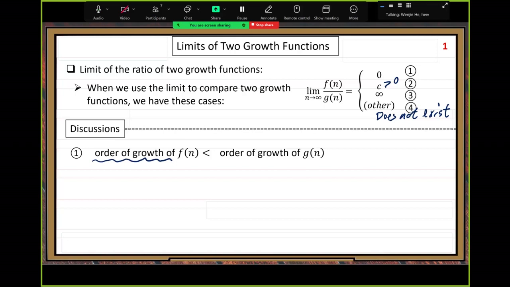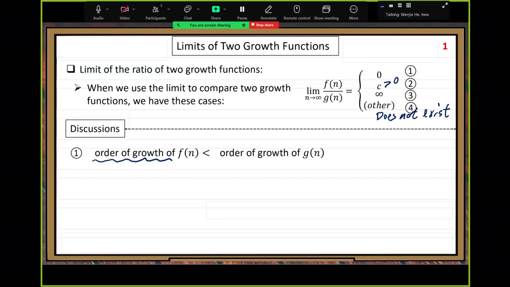Now, we know all these functions grow, but some functions grow with higher order. Some functions grow with lower order. So we use an abstract concept, order of growth.